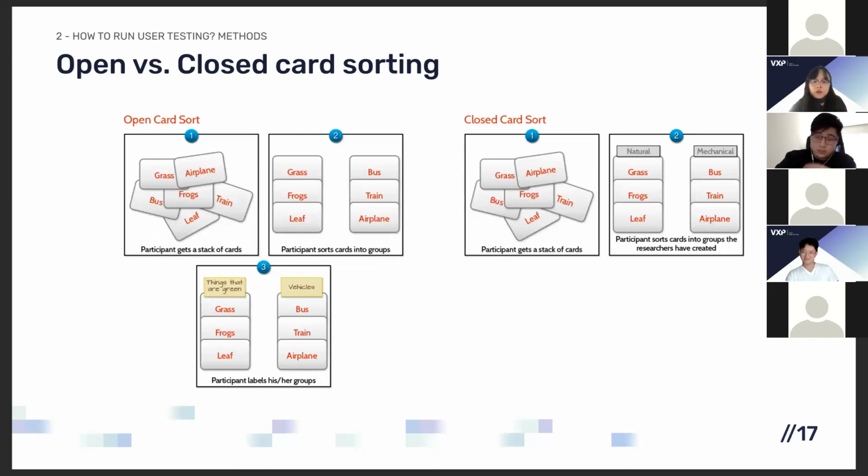Whereas the closed card sorting works best for prioritizing or ranking features. So for example, you can apply it to the search filters in an e-commerce app. A user is shown all the search filters and has to group them into mandatory, optional, or frequently used, to maybe I never use it.